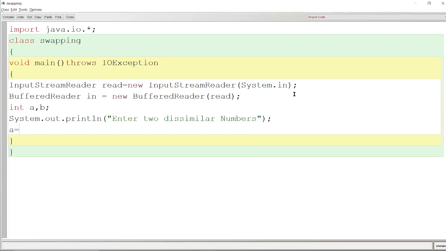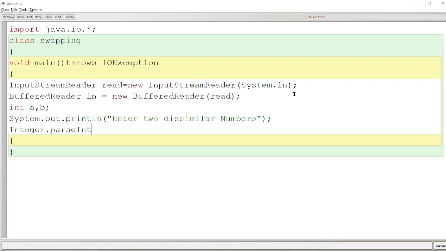And how to take input? First, let me write this: Integer.parseInt. I am writing this because I have to take two inputs and write the same expression in both, so I will just copy and paste it. These are some techniques to improve your coding speed.